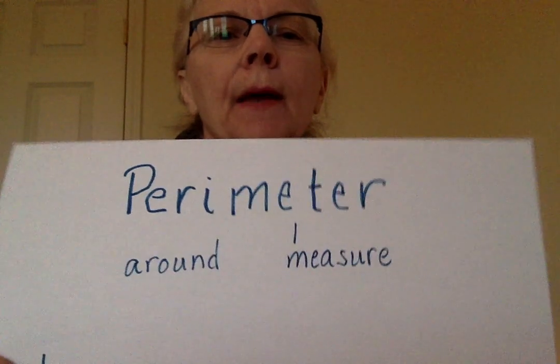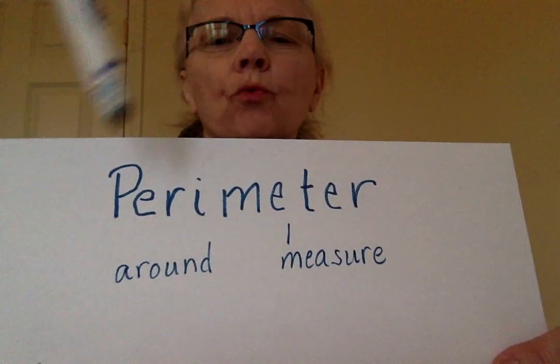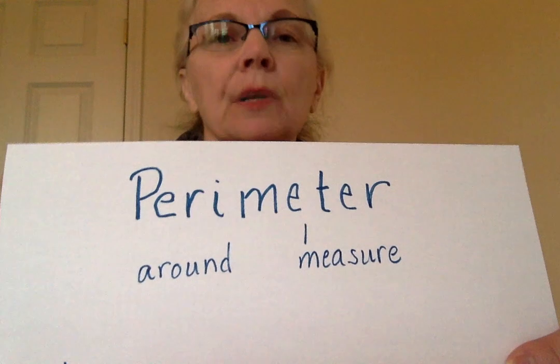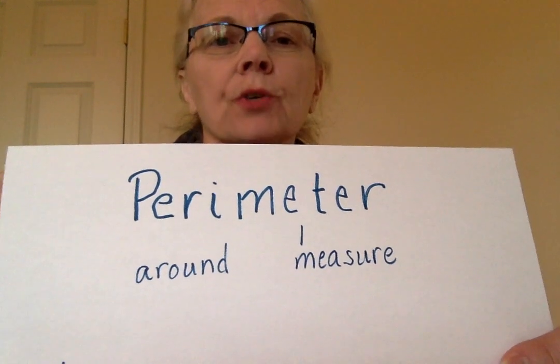And peri, like in periscope, means around. So the measurement around the outside of something is the perimeter, to measure around.